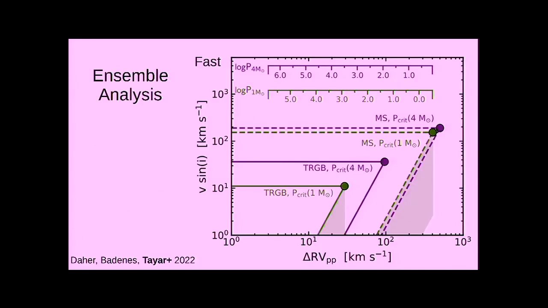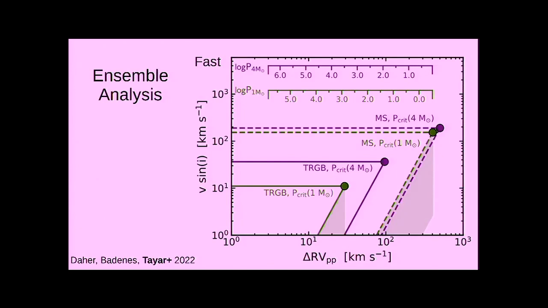This is also something you can study in populations of stars, even when you don't have beautiful data of the interior rotation over both the core and the envelope. You can look at the rotation velocity of stars on the red giant branch as a function of, say, their radial velocity variation, which is going to tell you something about the location and size and mass contrast with the companion.